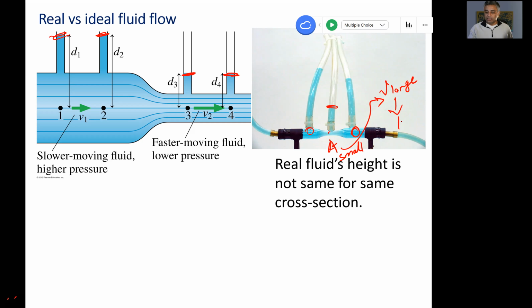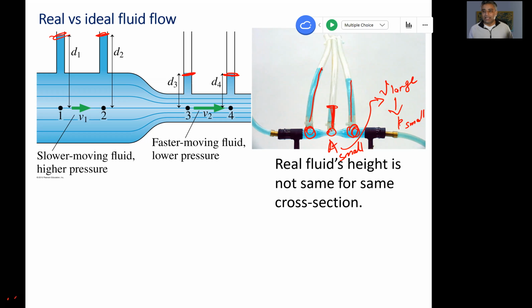That means P small, right? So lower pressure means it's going to withstand a lower height. Makes sense, right? And now the area on this side and that side are equal. So speed should be the same, meaning pressure should be the same, and this height should be the same, but they are different.